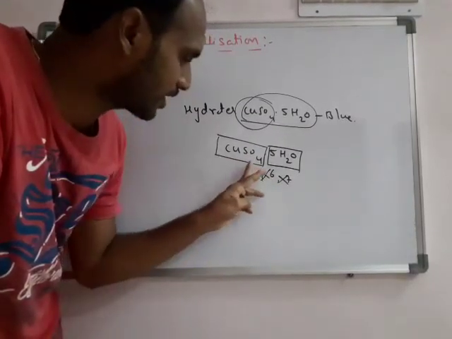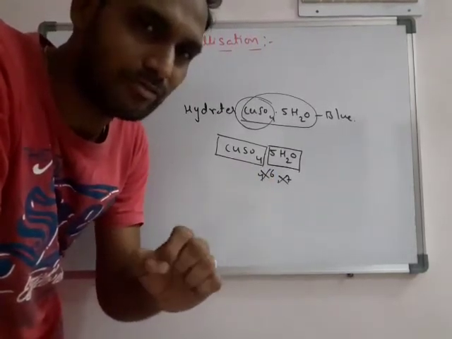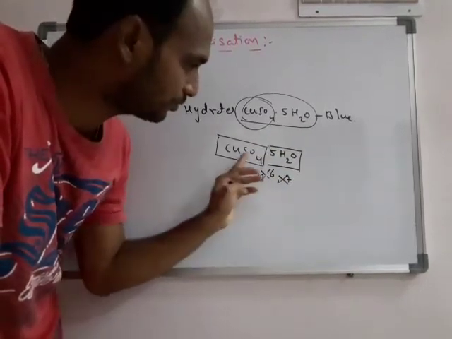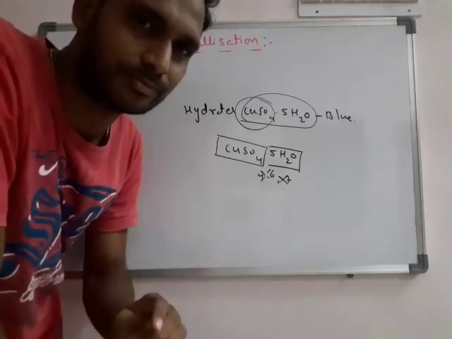To separate the 5 water molecules from copper sulfate is somewhat easy.